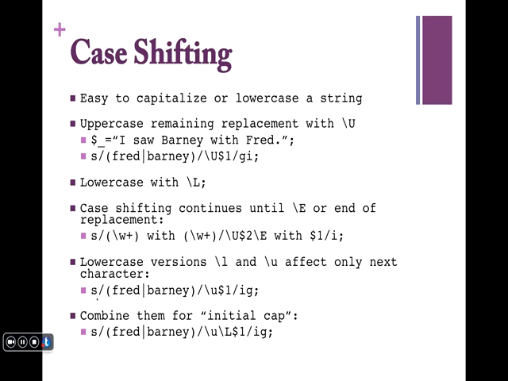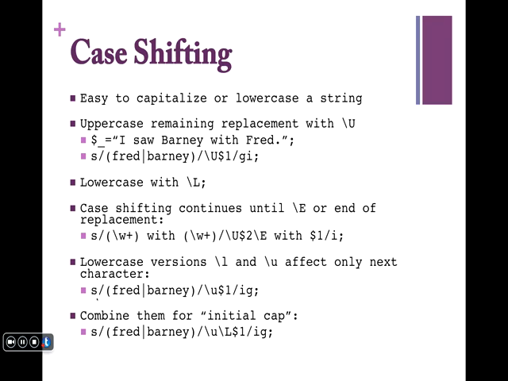Case shifting. Now, how about uppercase and lowercase? How can we manage our code to substitute specific types of case that we have, uppercase, lowercase, or even mixed case? So this is the first example. I have in $_ the string "I saw Barney was afraid."